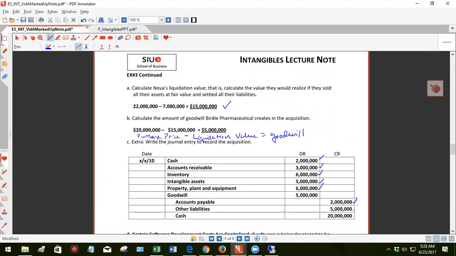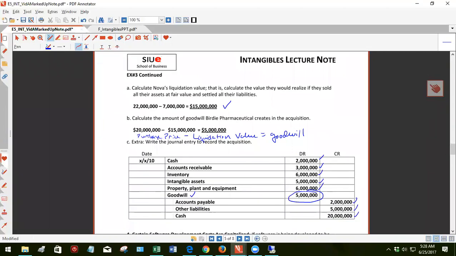You take on all the liabilities, and here's the purchase price. And if you didn't have this 5 million, debits wouldn't equal credits. Of course, if you're an accountant, not having debits equal credits would drive you crazy. So we had to create an account for it, and we call it goodwill. All right, so that is how we record the goodwill intangible asset.